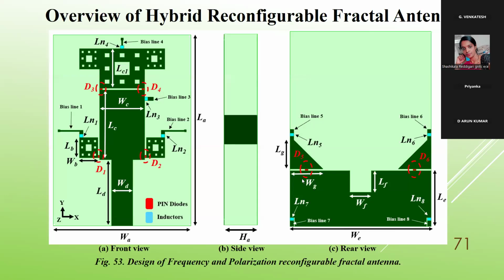Next, again, one very complicated design, that is the hybrid reconfigurable fractal antenna. This gives multiple pattern and polarization reconfigurability. So from the very beginning, I am telling you, 4 pin diodes and inductors are used in the front view, and this is the side view, rear view.